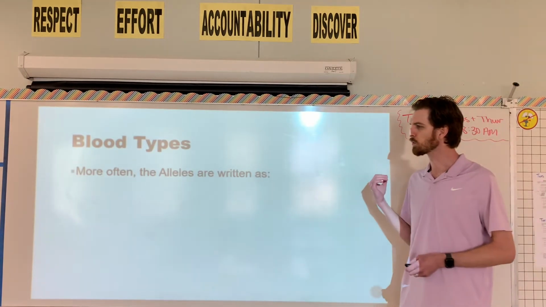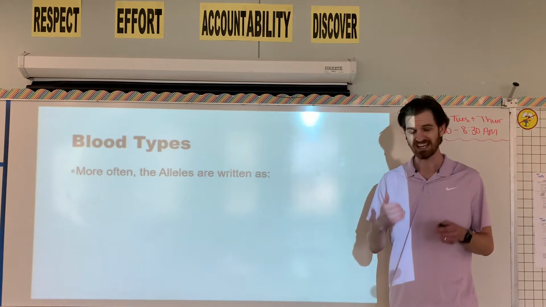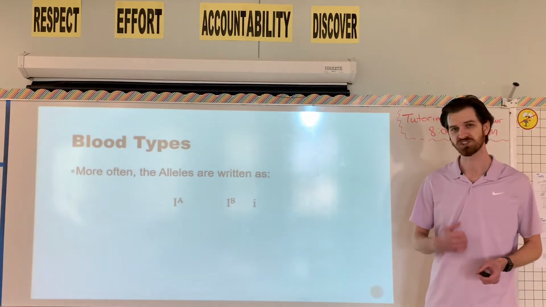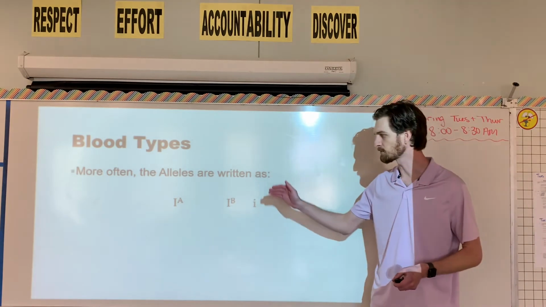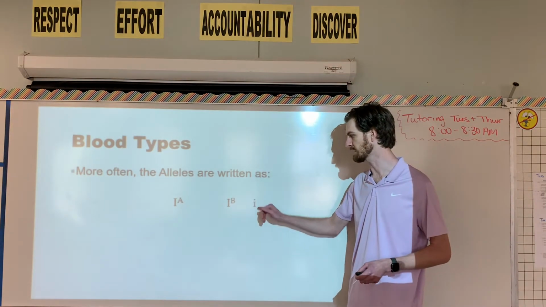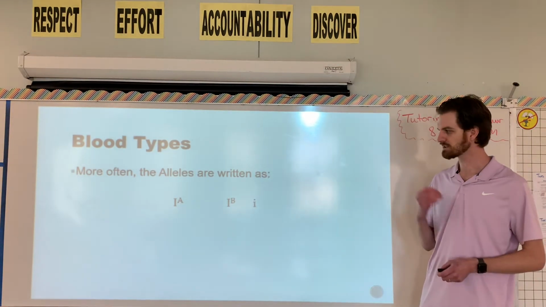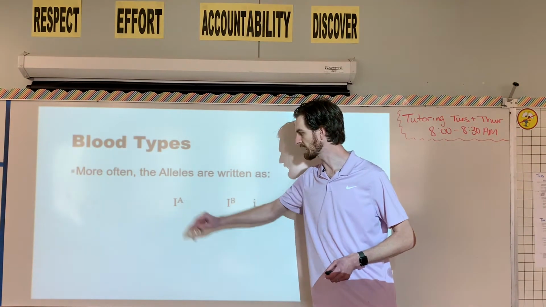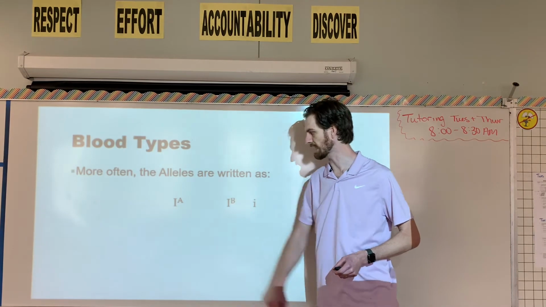We don't usually write the alleles as just A's, O's, B's. We actually write them a lot of times on worksheets and tests like this, where it's I to an A and I to a B, and then a little i. The reason they do this is to show you that this I with an A would be dominant because it's got that capital letter.